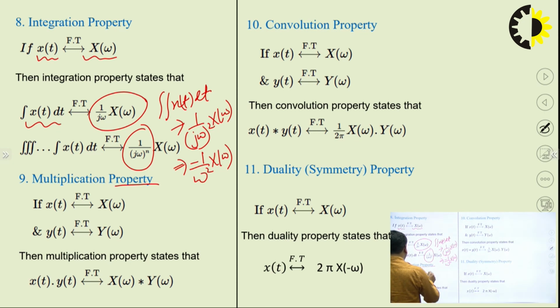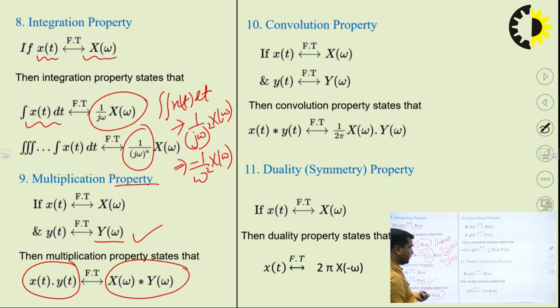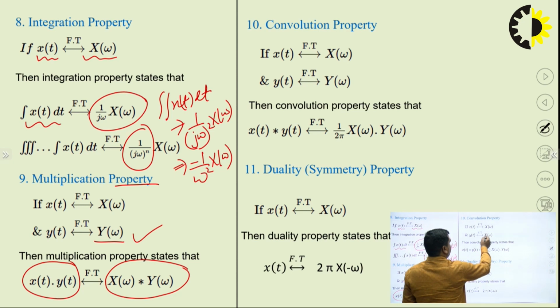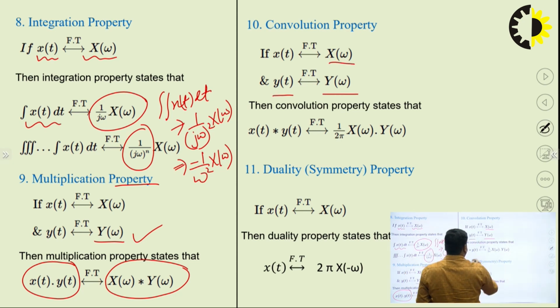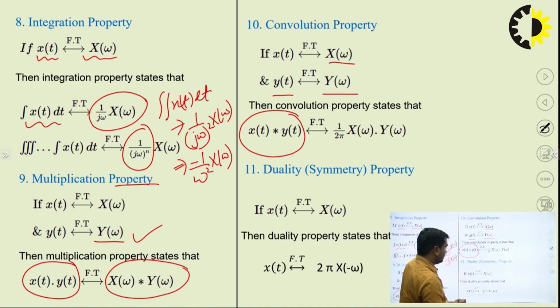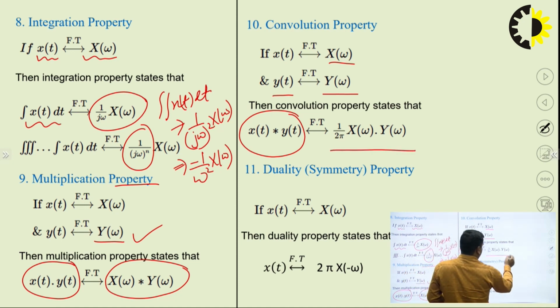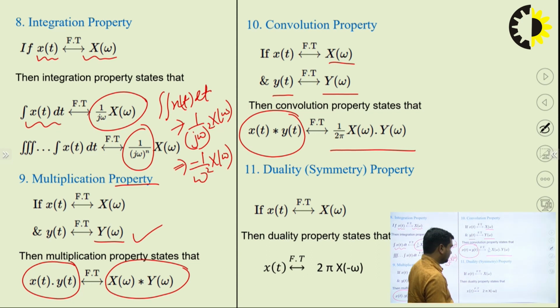Multiplication property: if x(t) has Fourier transform X(omega) and y(t) has Fourier transform Y(omega), then the multiplication property states that x(t) into y(t) has the Fourier transform X(omega) convolution Y(omega). Here it is the convolution property. If x(t) has X(omega) and y(t) has Y(omega), then the convolution of x(t) and y(t) has the transform 1/(2 pi) X(omega) into Y(omega).